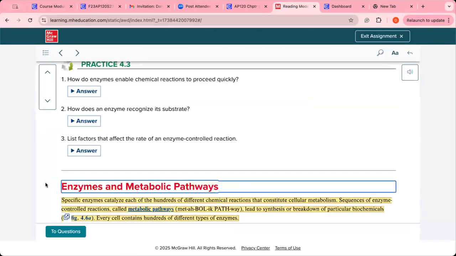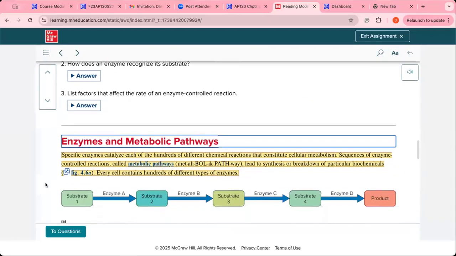Okay, specific enzymes catalyze each of the hundreds of different chemical reactions that constitute cellular metabolism. Sequences of enzyme-controlled reactions called metabolic pathways lead to synthesis or breakdown of particular biochemicals. So, metabolic pathways is your answer there.